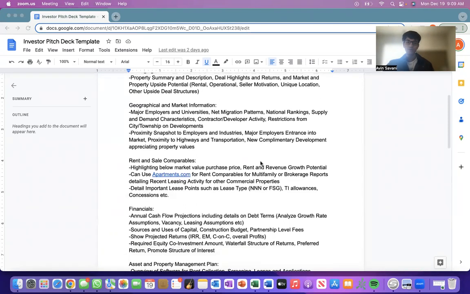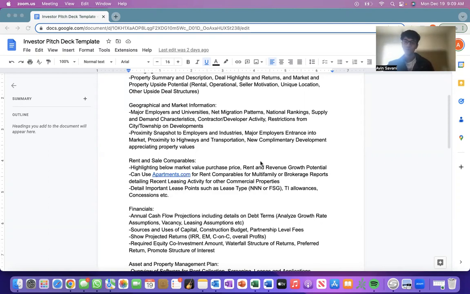Property summary and description, deal highlights and returns. The property summary is basically the hook line: why should I invest in this deal? What is special about the market that presents a good buying opportunity? And the description should be basic things like square footage, acreage of the lot, units within the facility, and other good details people should know, right?